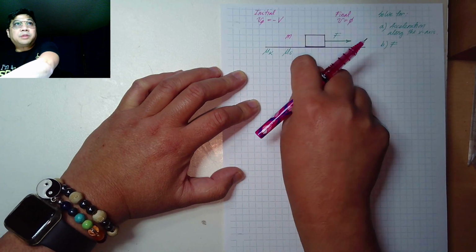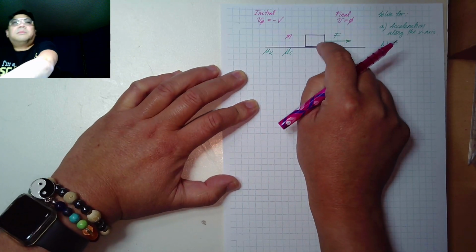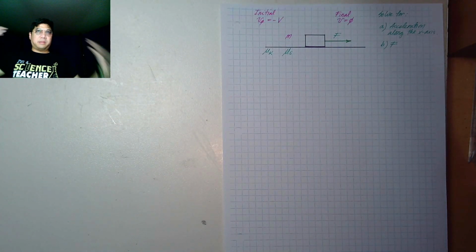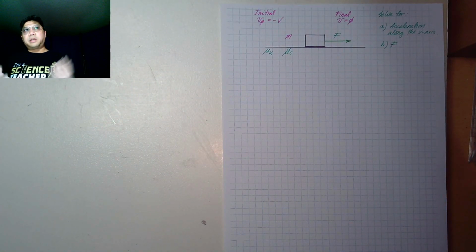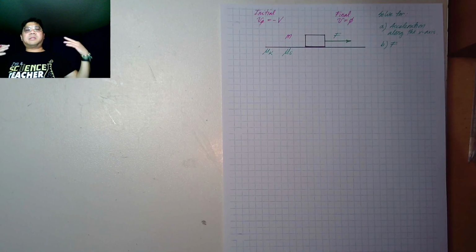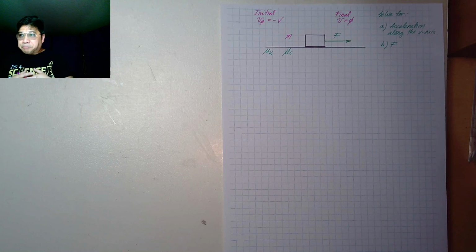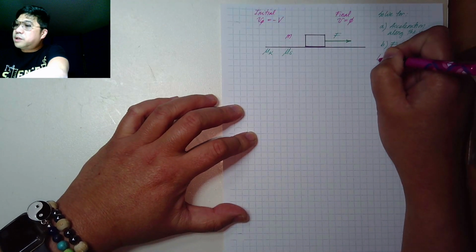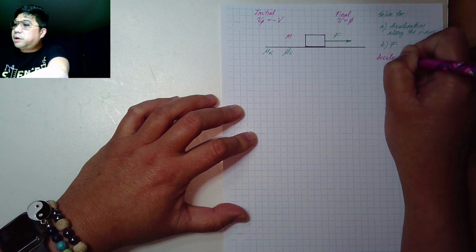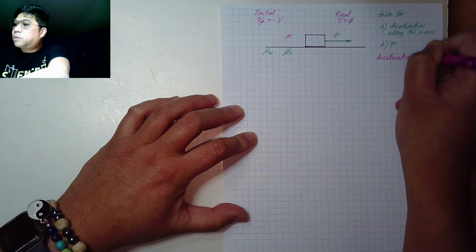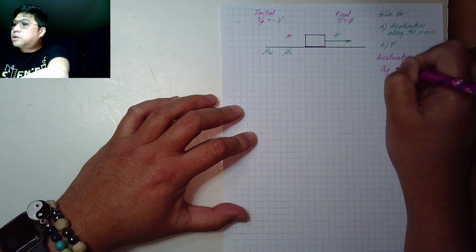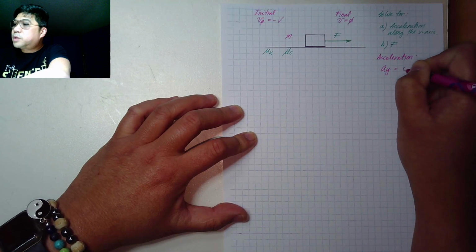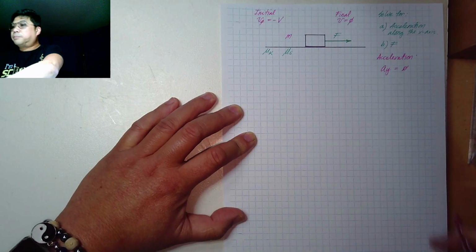There isn't any mention about changes in motion along the y-axis, so we can make the assumption that there isn't any change, and by looking at the illustration, it does make common sense that it's not going to change motion along the y-axis. So with that said, our acceleration along the y-axis is still going to be considered zero, since there's no change in motion.